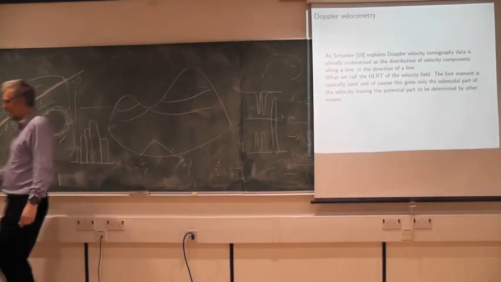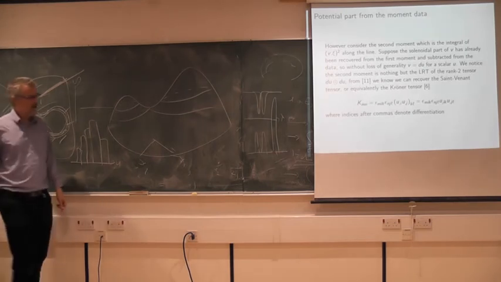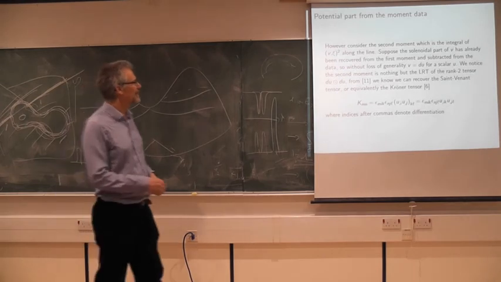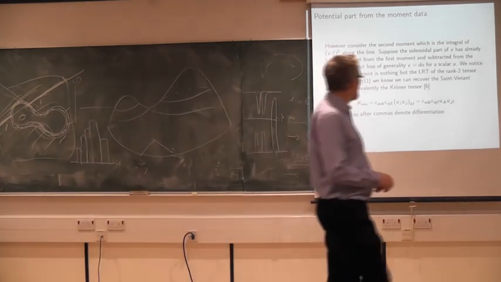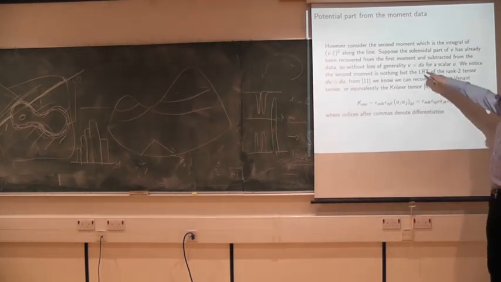So the question is, can we get that from the histogram data? Well, it turns out the answer is yes. And it's kind of fun. I don't know whether it's any use, because what I was thinking of is a velocity that's purely potential.